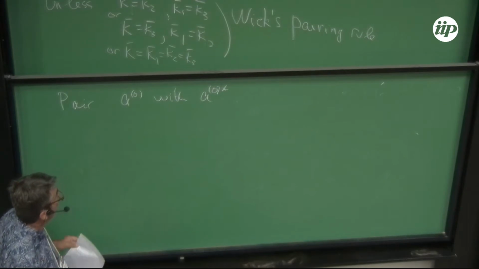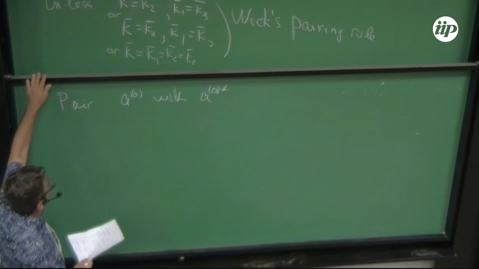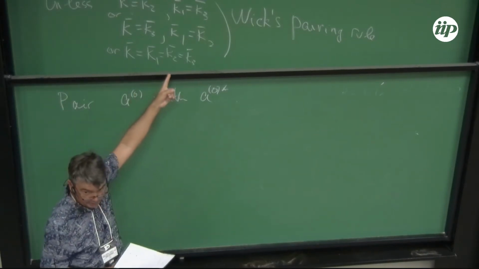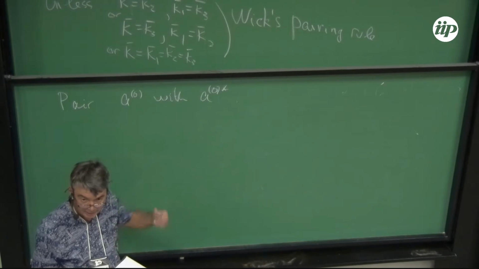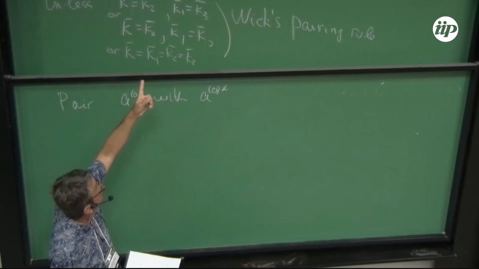Okay, so in this particular case, these combinations, you see, they correspond to diagonal terms that we removed from the sum, right?